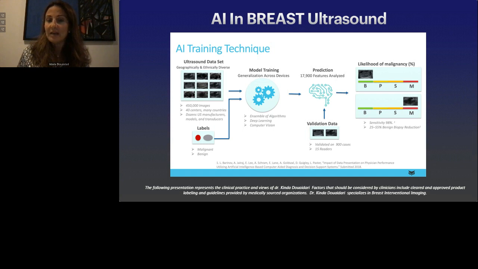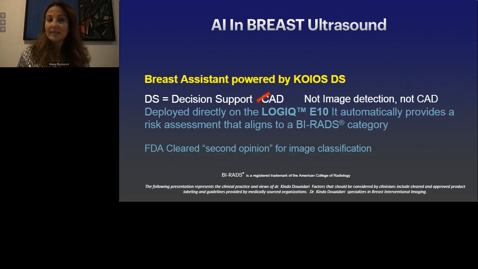It can analyze up to 17,900 features. I don't even know what they all are, but it can come out with an estimation. It can say this is benign, this is malignant, with a very good accuracy rate, and it's very, very helpful in ultrasound. So it's not CAD.